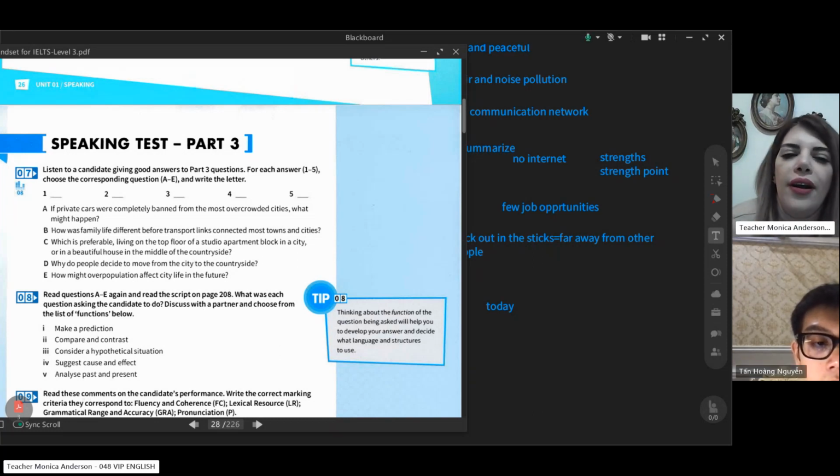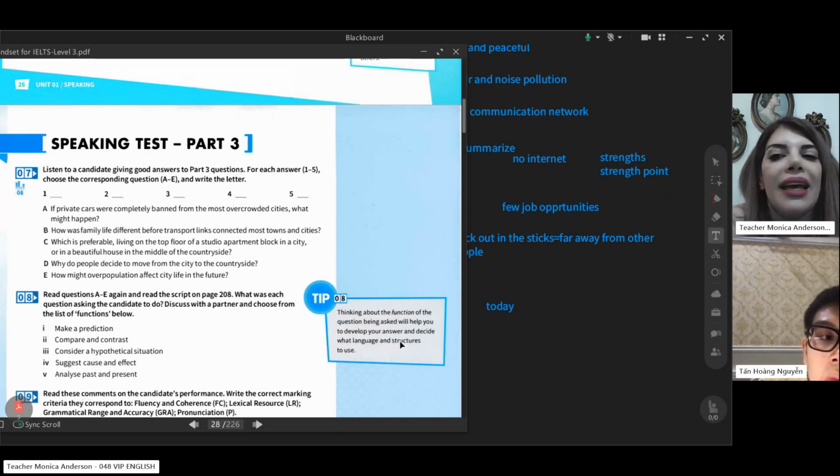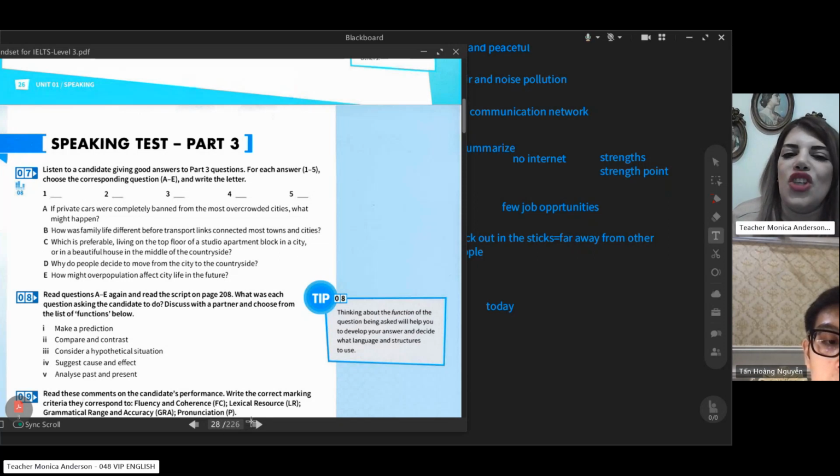Are you sure? I'm not sure about number 2 because, as I remember, the second one is something like, the building will keep getting taller and taller. So it was something about changes.